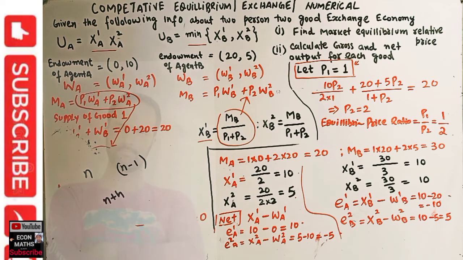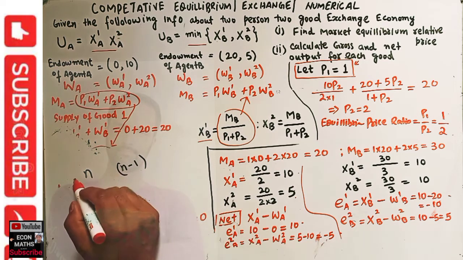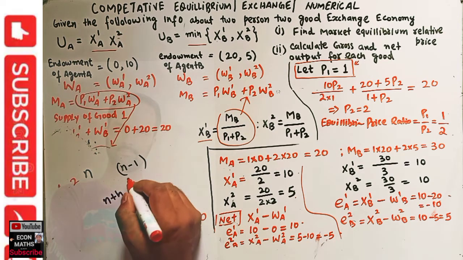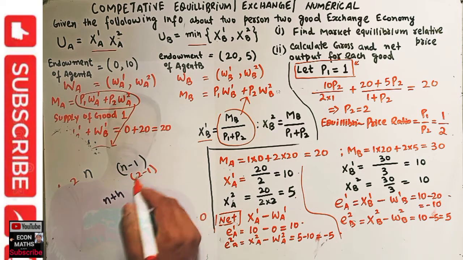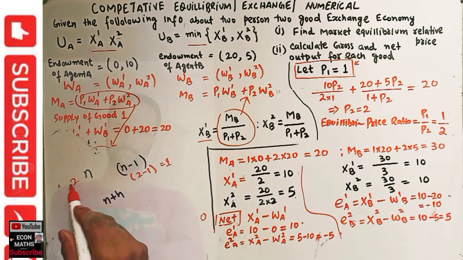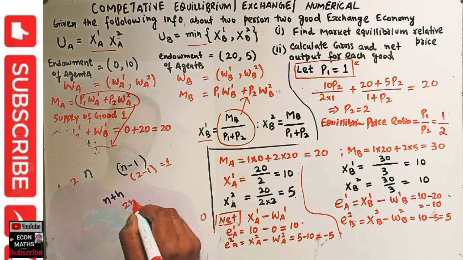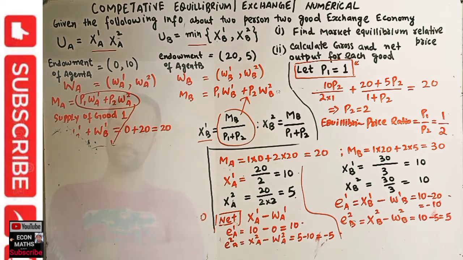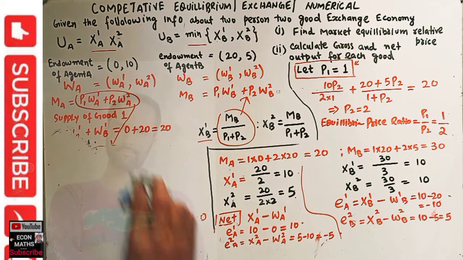In this case we were having only 2 markets. If we have 2 markets in the economy, and 2 minus 1 markets are in equilibrium, that means the first market is in equilibrium, then the nth, which is 2, the second market will automatically be in equilibrium. Okay, so how do we show it on the Edgeworth box?